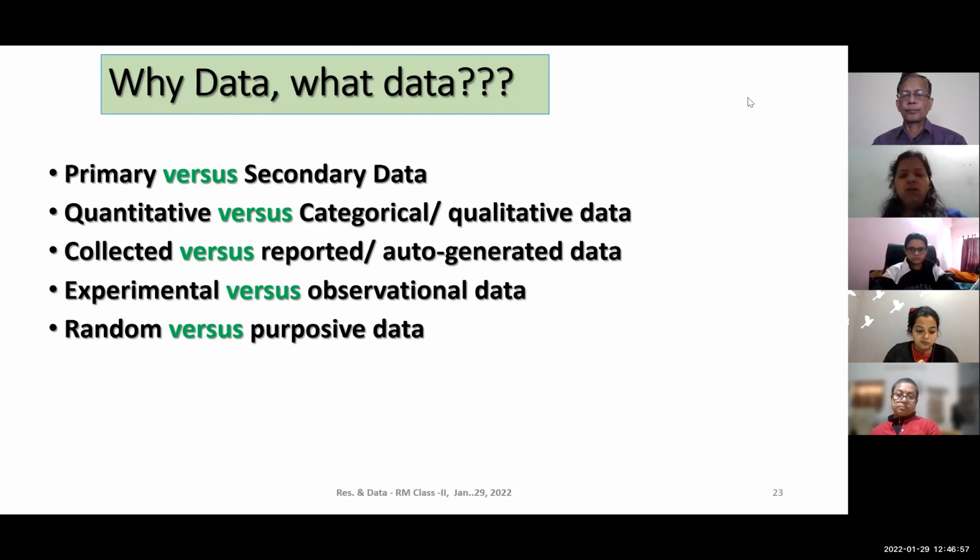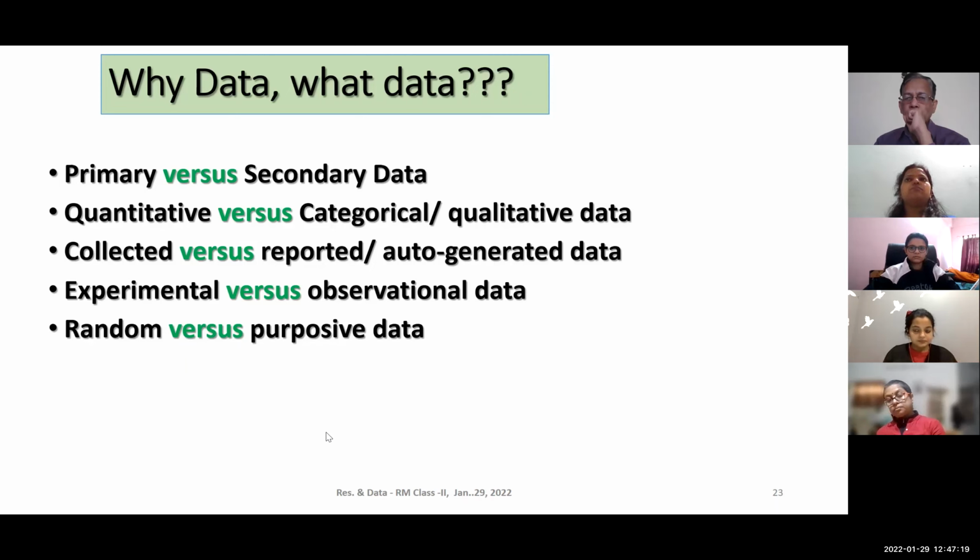Okay, so sir, for example, if I want to study consumer purchase intention behavior, I'll be identifying those consumers, and since it is impossible to get data from all the consumers, I'll just take a small sample.